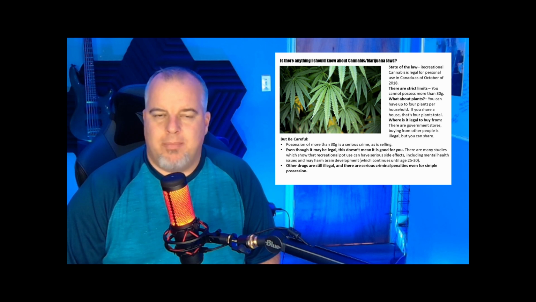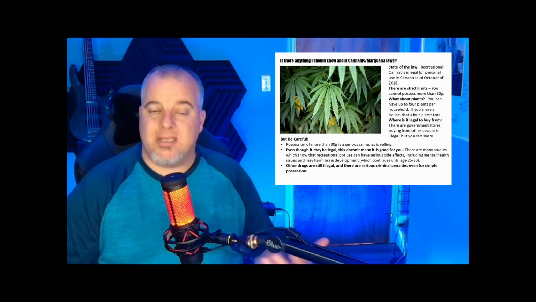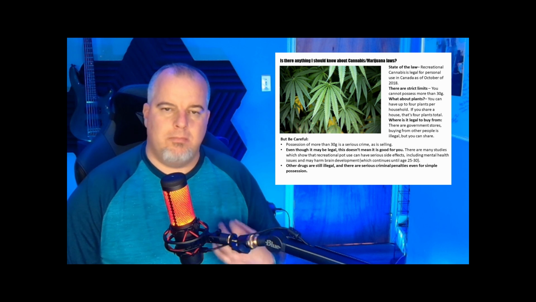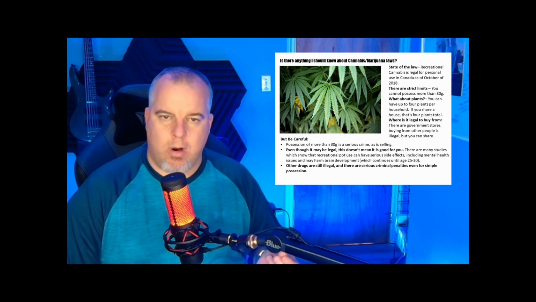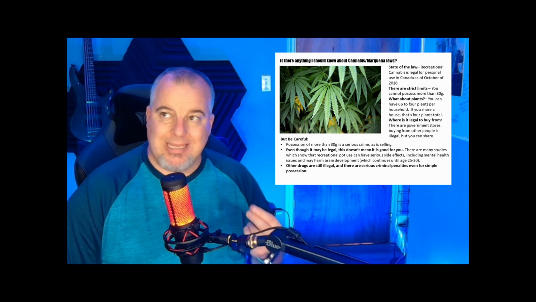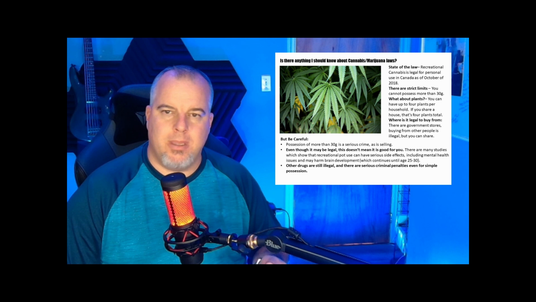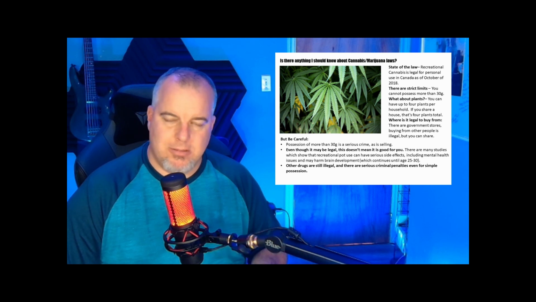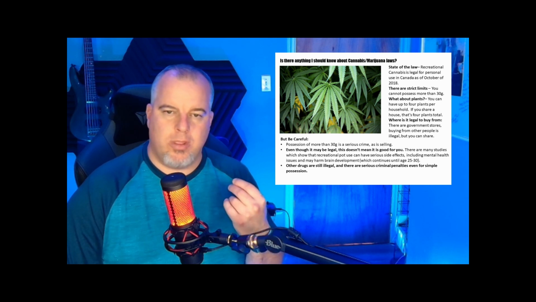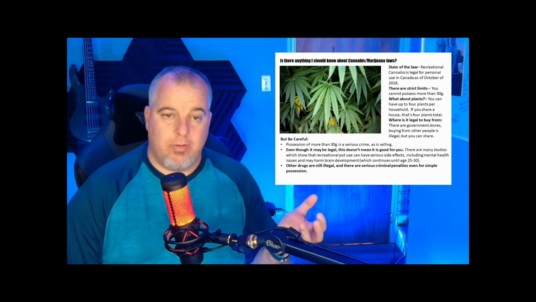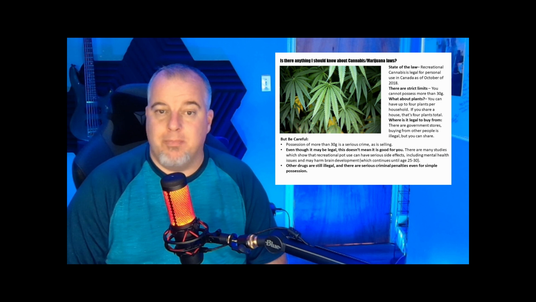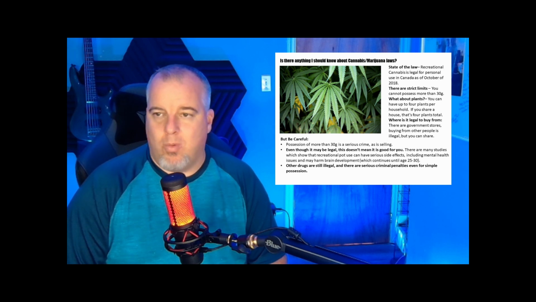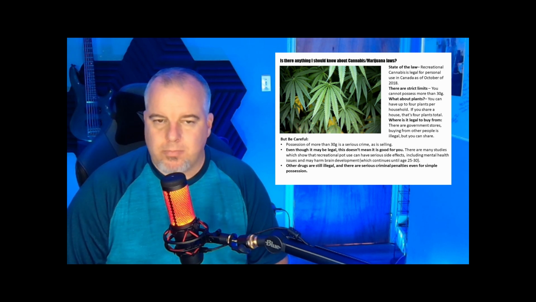Basically, the law as it stands right now is that possession of cannabis or marijuana is legal for personal use within strict limits. And so you can't possess more than 30 grams. If you possess more than 30 grams, then potentially you could be considered to be in the business of producing marijuana, and then that's illegal.